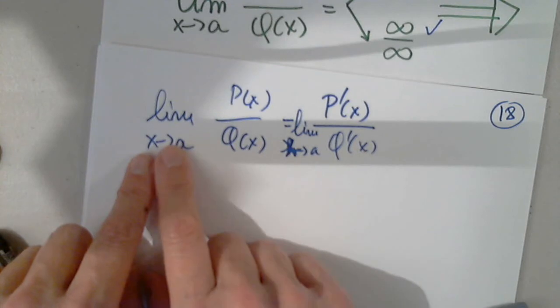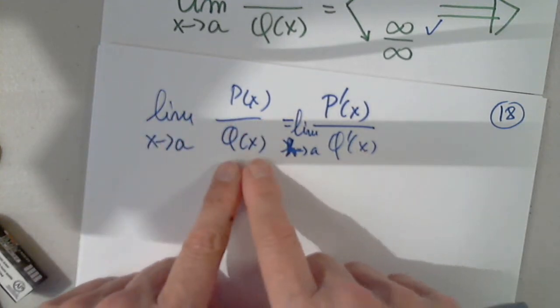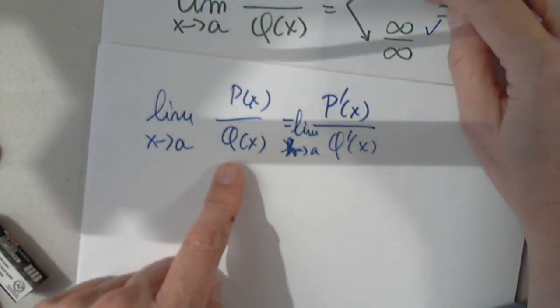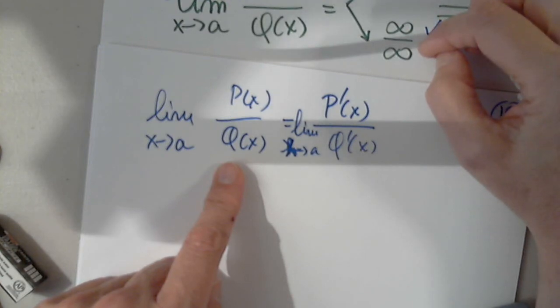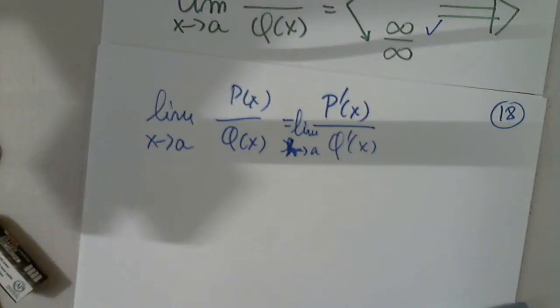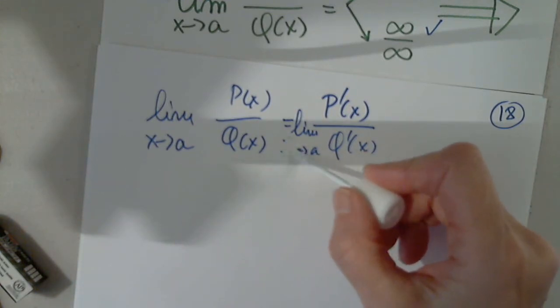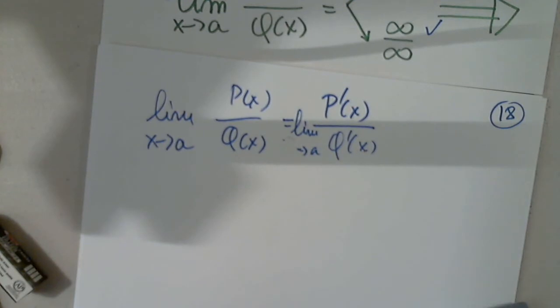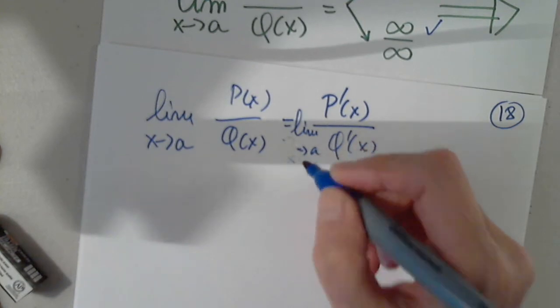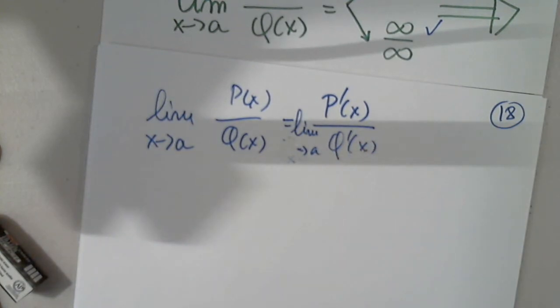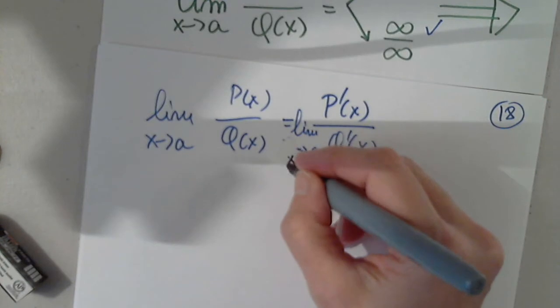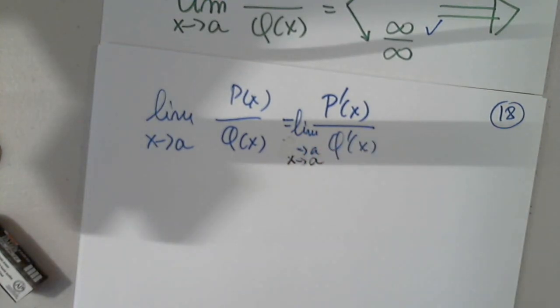But only inside the limit, and only when it's a quotient that reduces to 0 over 0 or infinity over infinity, I'm allowed to continue with p prime of x over q prime of x. So this is when x approaches a. So only then this is allowed, and the answer will be the same.